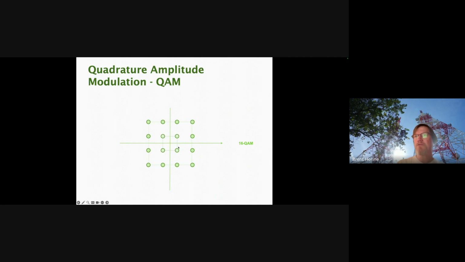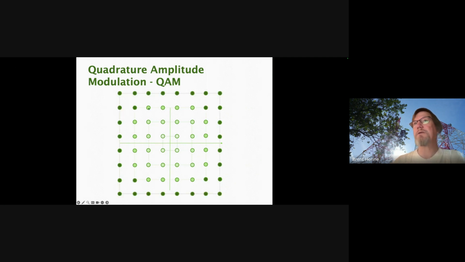Again, that is related to the amplitude from the origin, and of course, then to get to energy, we're squaring it, that type of thing, right? But here we've got 16 of these constellations. Oops, wrong way. Here's 32. This is not a very common modulation either, but the 64 one is. And so you can see that we're just kind of expanding it and expanding it and expanding it.